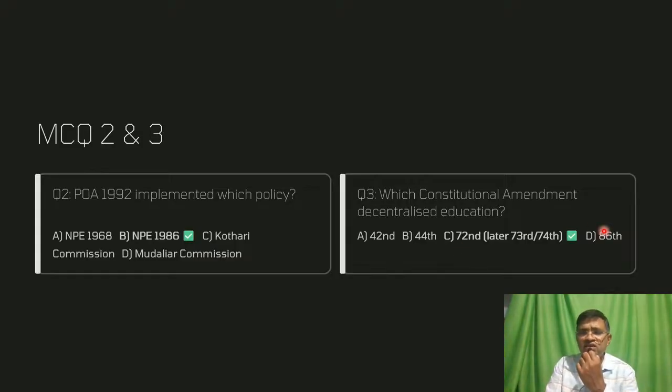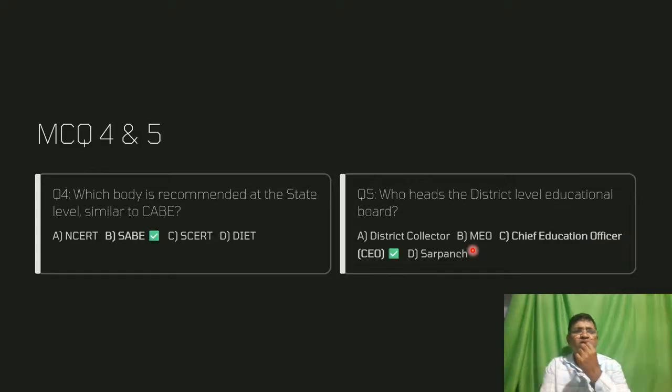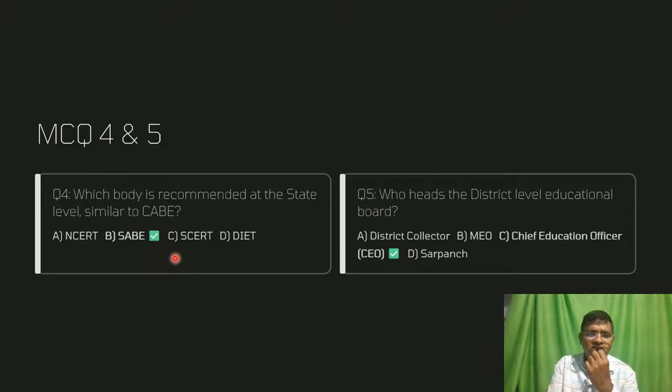According to the constitutional amendment, decentralized education came into the picture, later the 73rd and 74th amendments. Then which body is recommended at the state level, similar to CABE, the Central Advisory Board of Education at the central level? Is it NCERT, State Advisory Board of Education, SCERT, or DIET? The right answer is CABE at the central level and SABE at the state level.